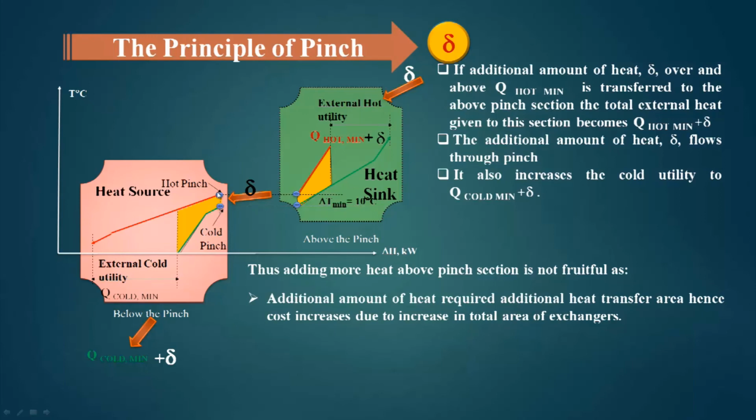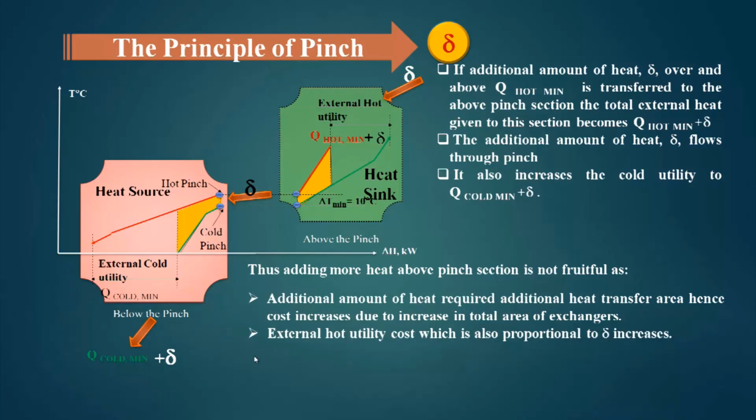Similarly, here also it is increasing the cold utility amount by delta. So the operating cost will increase for this, and also it will increase the area, because I have to provide more area for the coolers to transfer this delta amount of heat.